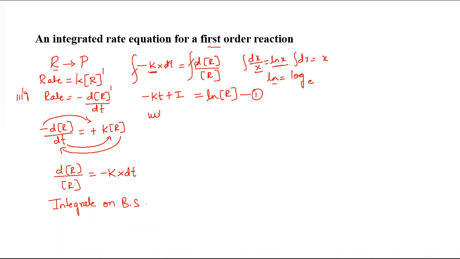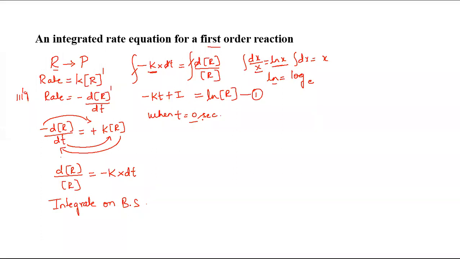Now, when time is equal to 0 seconds, it means time has not yet started. That means the concentration of the reactant remains the same as we have taken initially. Whatever we have taken, it remains the same because time has not yet increased. You know that the concentration changes when the time increases: the rate of the reaction increases and the concentration of the reactant decreases.